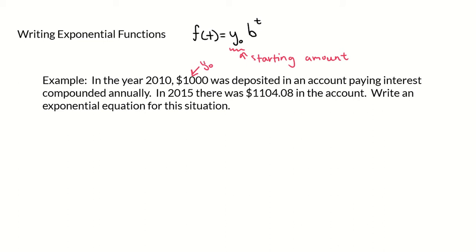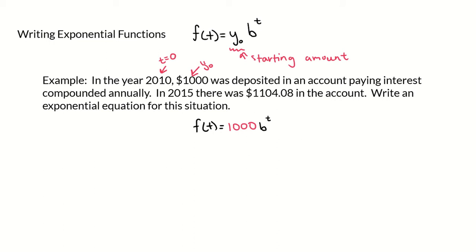And that goes with time 0, or the starting time, which in this case is 2010. So that's the first part of this function. So we have f of t equals 1,000 times b to the t.